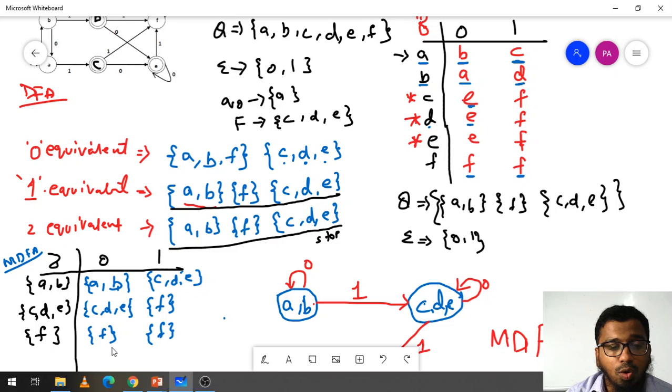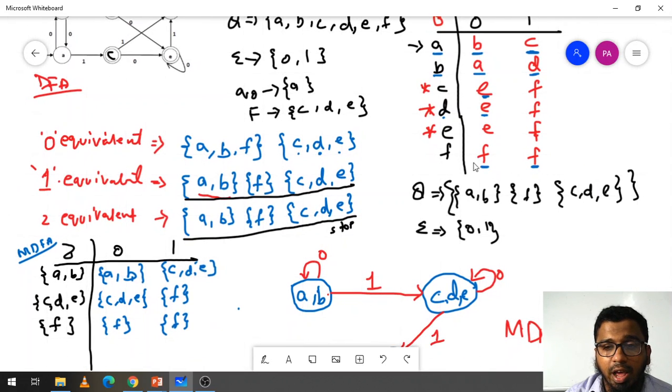F on 0 is going to F here, and F on 1 is going to F. So this is the transition table.